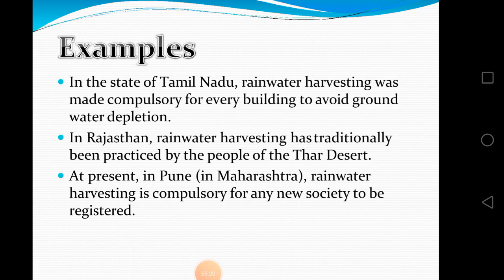If this kind of system is developed in each state, it will benefit everyone facing water scarcity problems, and for our future use also. For that reason it is very important to implement this kind of system.